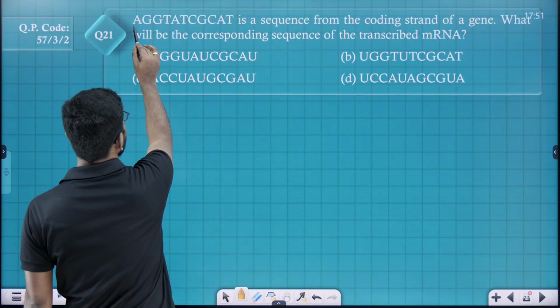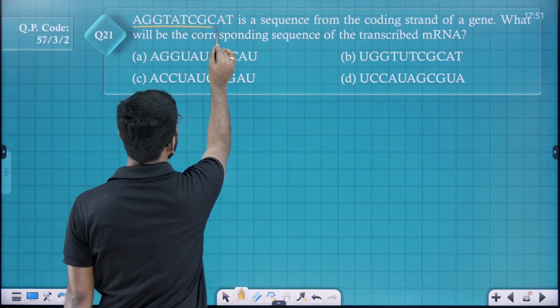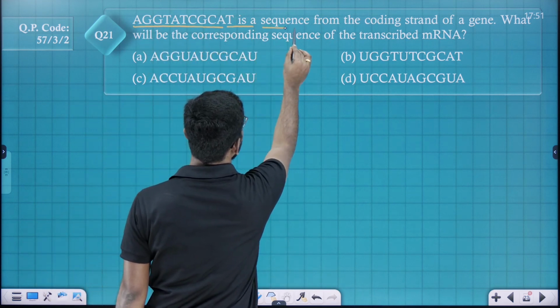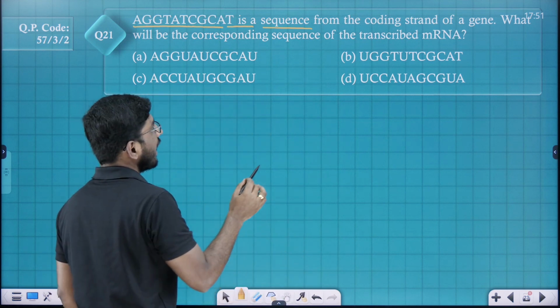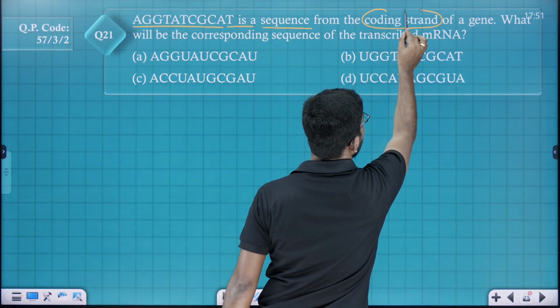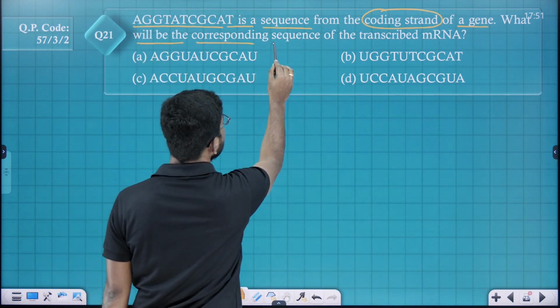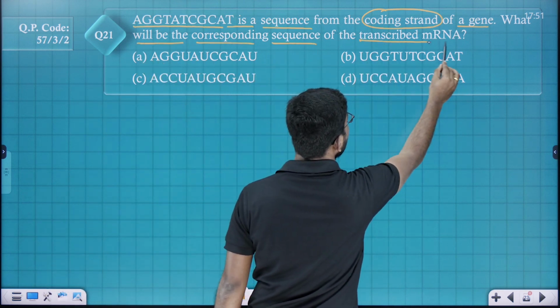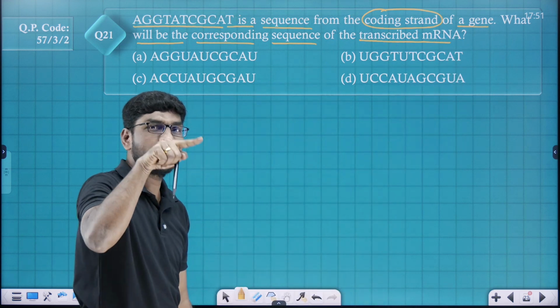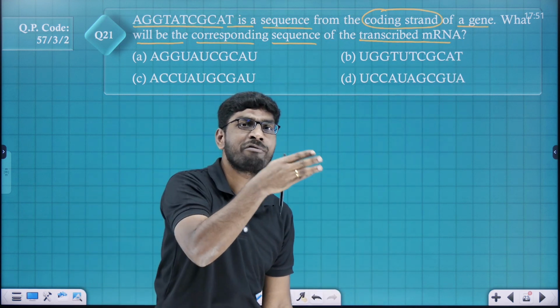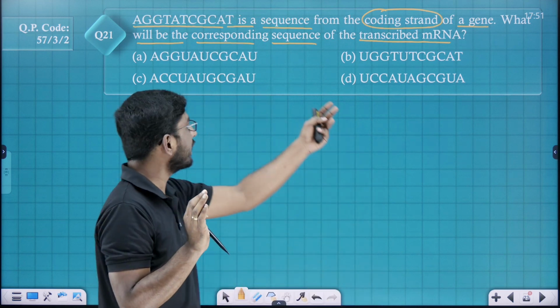21st question. AGGTATCGCA is a sequence from the coding strand of a gene. What will be the corresponding sequence of transcribed mRNA? Coding strand from 5' to 3'. So directly they give a coding strand.